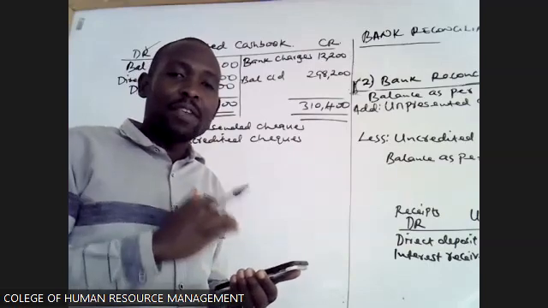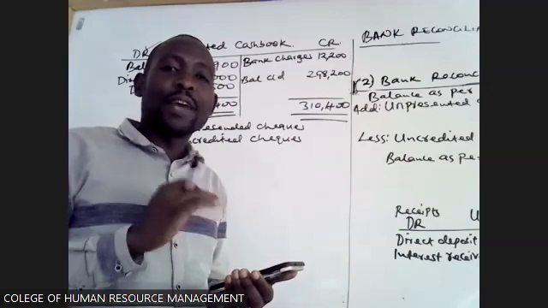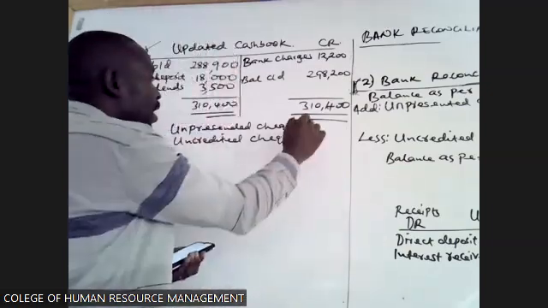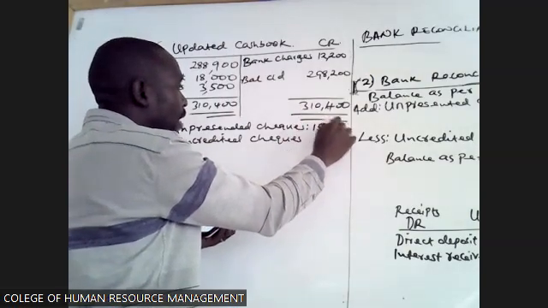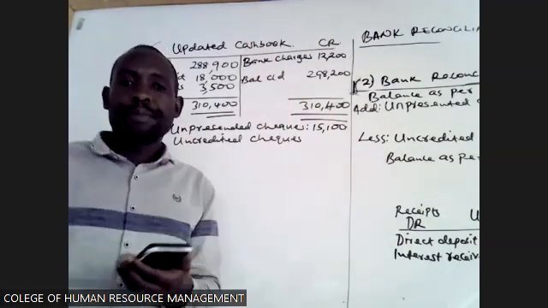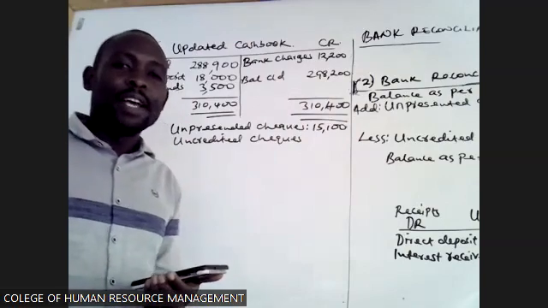By the time this bank statement was being printed, that check for F. Helen had not been received by the bank. So here it is, that check for 15,100. It is still unpresented to the bank. Sorted.